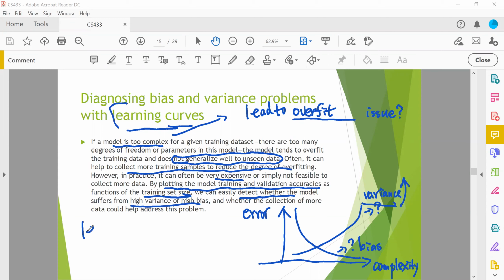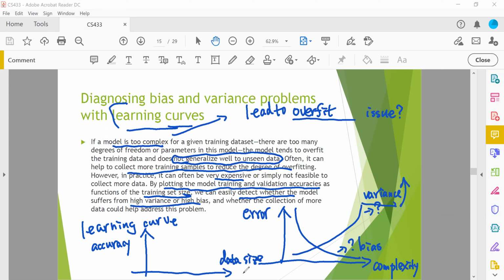So the learning curve is about accuracy versus data size. If we have the coordinates, accuracy is the y-axis, and here is your training data set size.